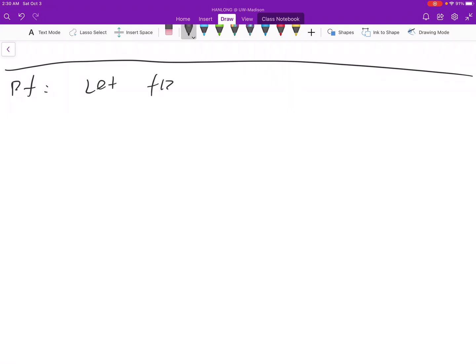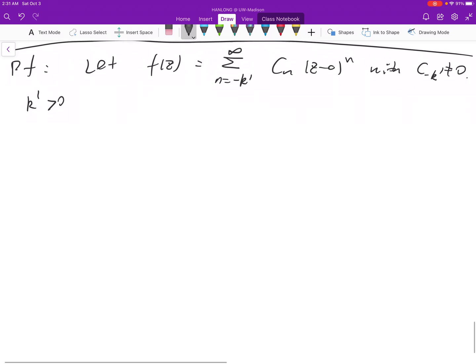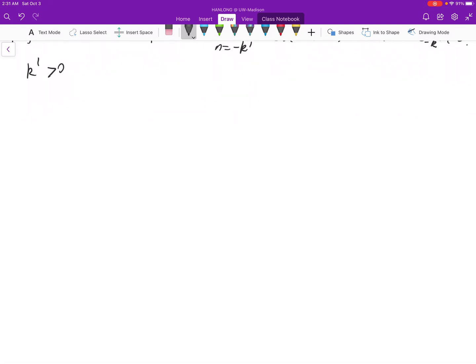So prove. Let f(z)... So now we know f has a pole at a, then we can write in this way with c negative k prime different from 0, k prime is a positive integer.